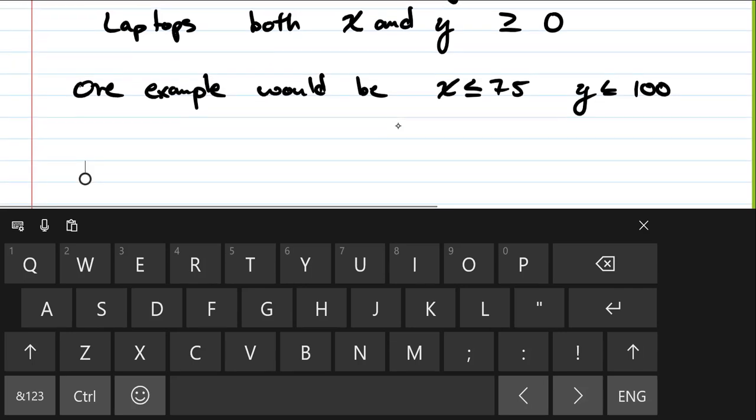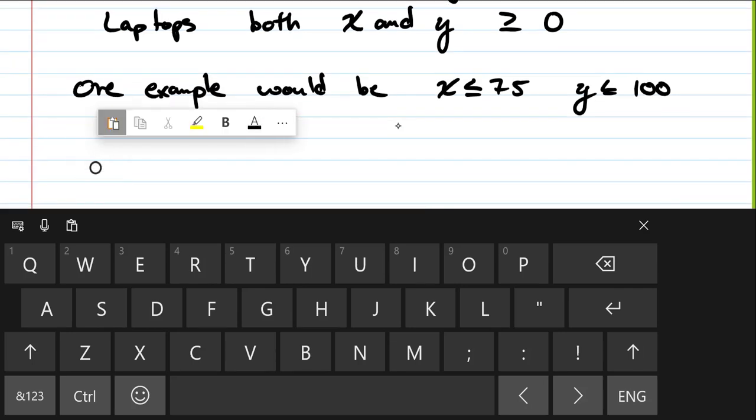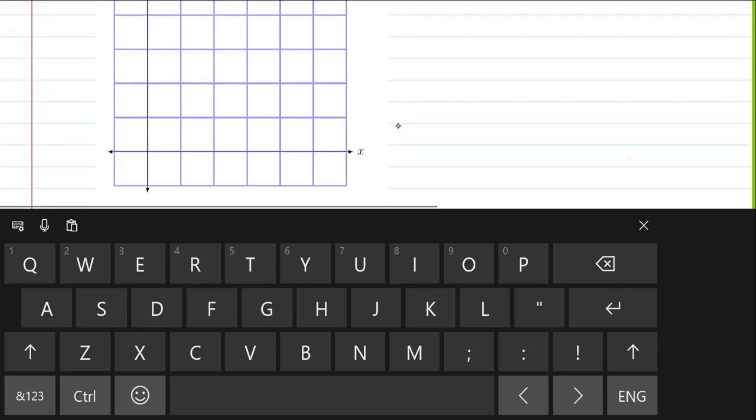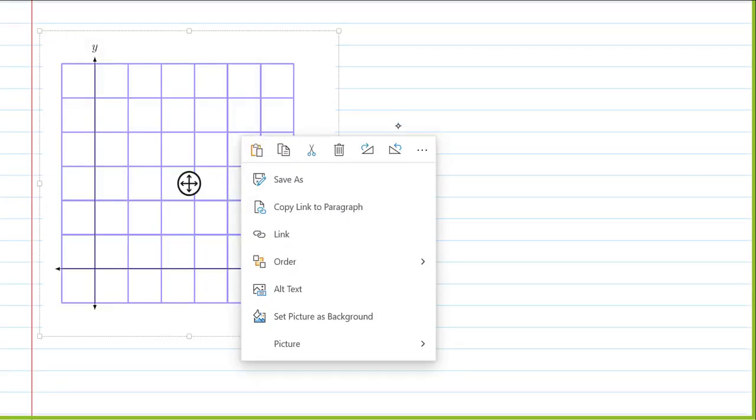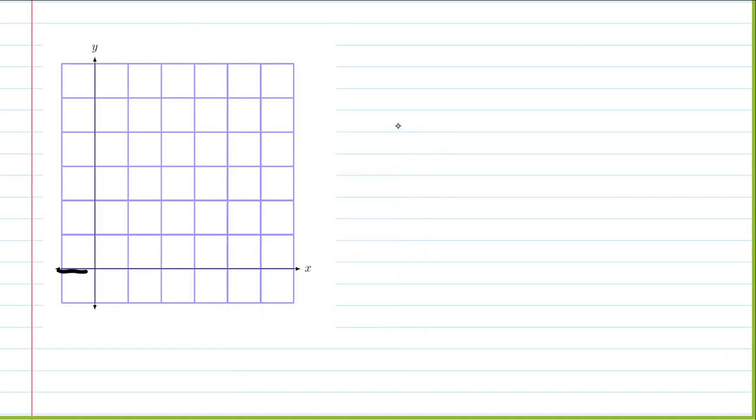So if we were to look at something like that in terms of our domain, if we take a look at our graph, we could have something like this. The axes are a little light, so I'm going to do this. Here's my x, here's my y.